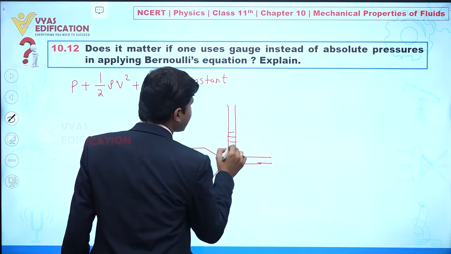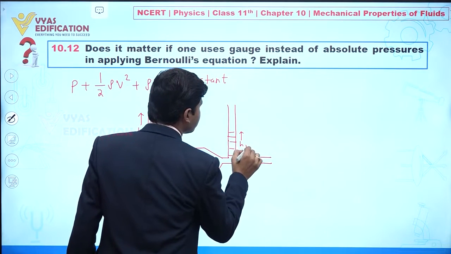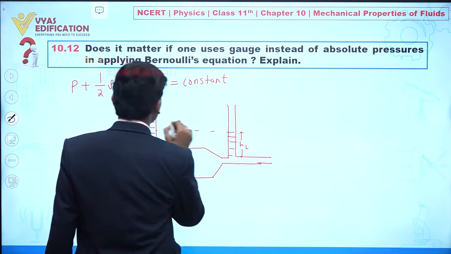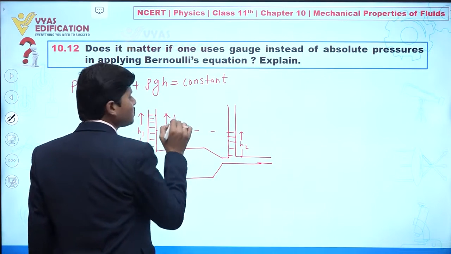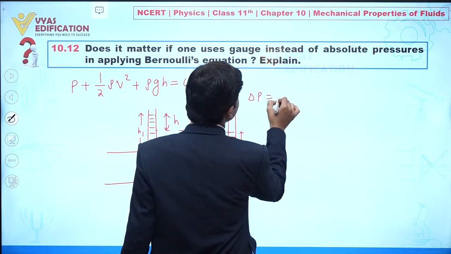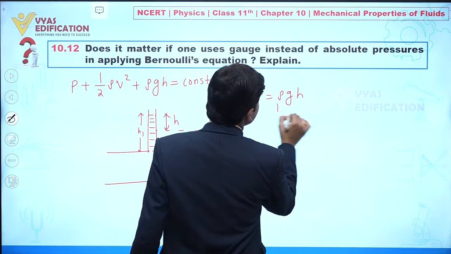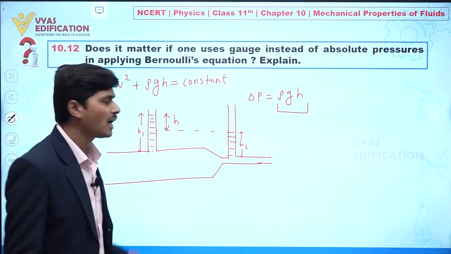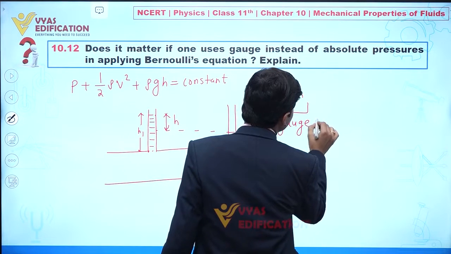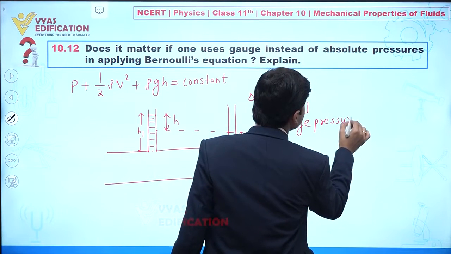And let's suppose we are getting here a height, this is h2. Clear? So now we can say, if we are writing the pressure by the difference of these two levels, the change in pressure we are getting is rho gh. Clear? So my dear students, this rho gh is the gauge pressure. Clear? This is known as gauge pressure.